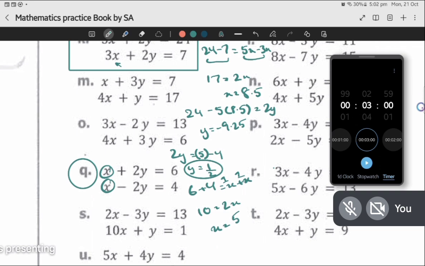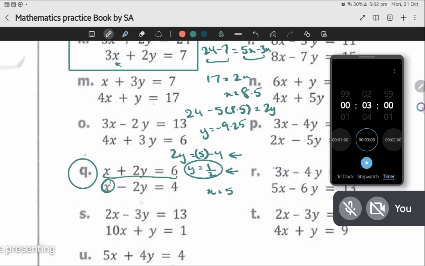It's not 2. So we'll substitute the value for x into one of these equations. Let's say this one.